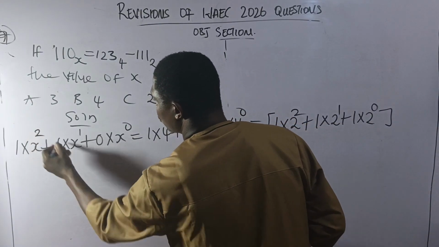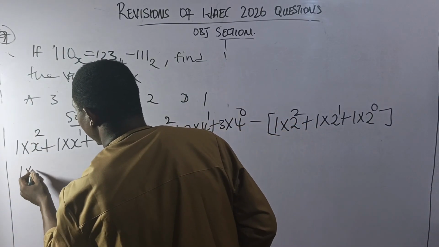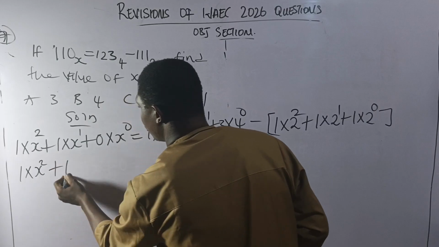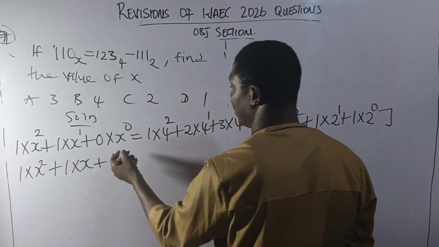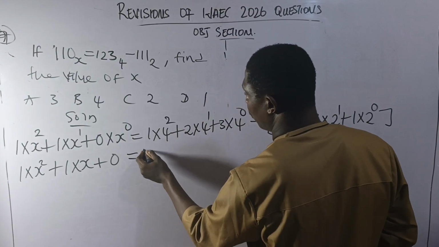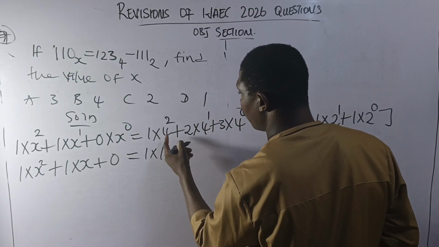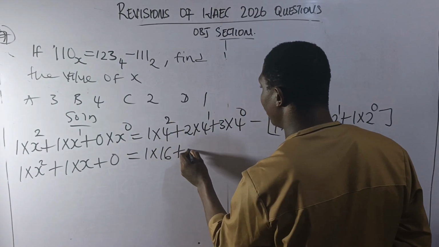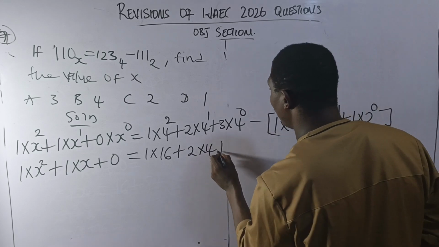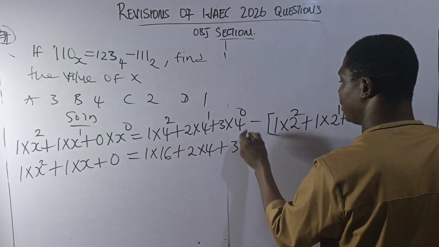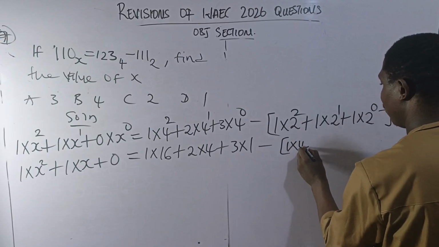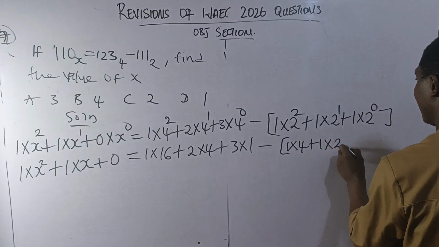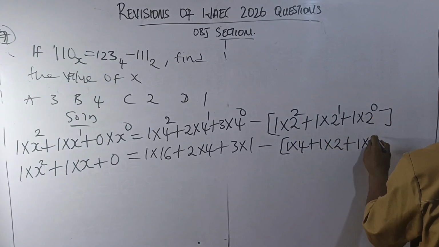So this becomes 1 times x raised to power 2 plus 1 times x raised to power 1, which is x, plus 0 times any value is 0, equals 1 times 4 raised to power 2, 4 times 4, 16, plus 2 times 4 raised to power 1, 4, plus 3 times anything raised to power 0, which is 1, minus 1 times 2 raised to power 2 is 4, plus 1 times 2 raised to power 1 is 2, plus 1 times anything raised to power 0, which is 1.